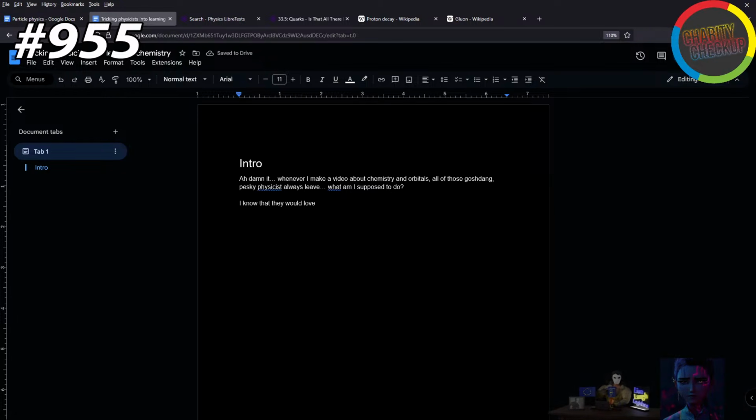No, they would actually enjoy the topic if they didn't think of it as chemistry. If only there was a way to trick them into thinking it's physics.